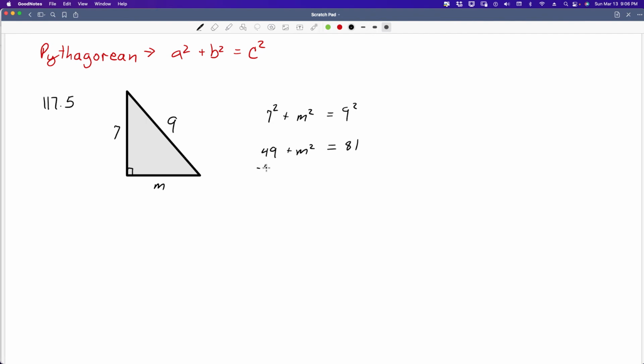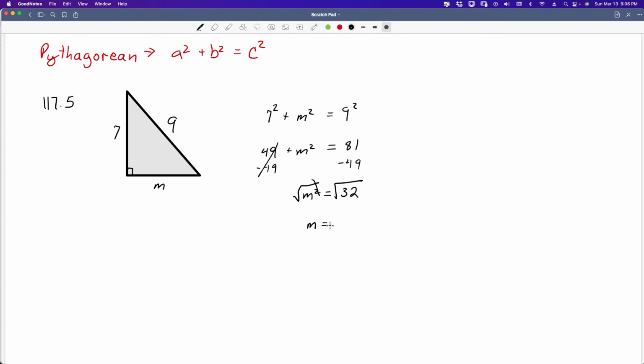So if I subtract 49 from both sides, this cancels, and I find that m squared is equal to, what's 81 minus 49? That's almost 50. So that'd be 32. So 32 is what m squared is equal to. So I unsquare both of these. That cancels.